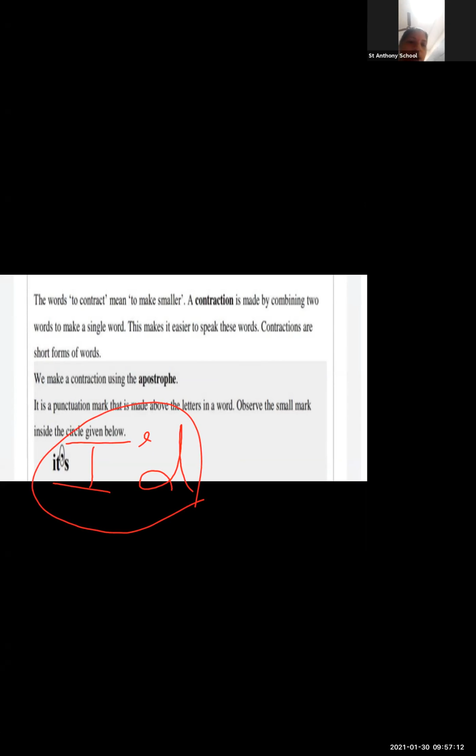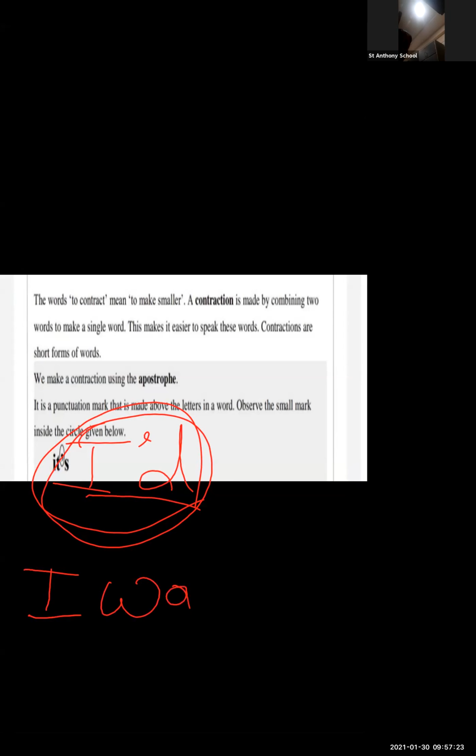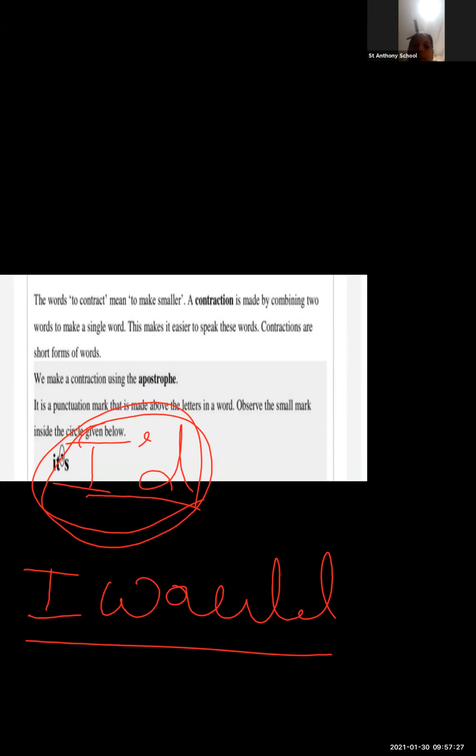I would like to be a lighthouse. So what is this I apostrophe d? It consists of I would. I would like to be a lighthouse.